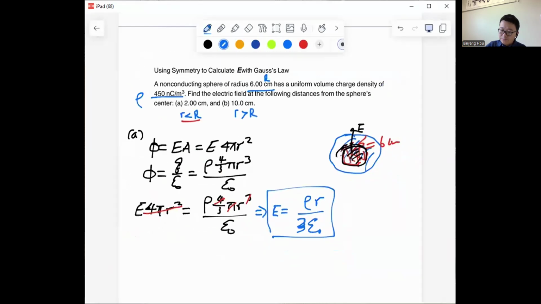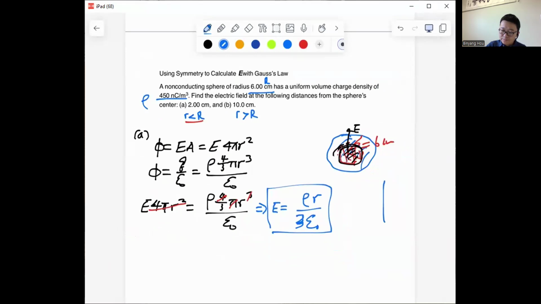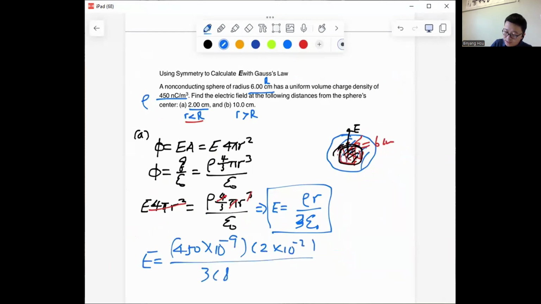Now we can plug in the numbers here. So r is equal to 2 centimeters. Then we can say the E field E is equal to 450 times 10 to the minus 9 times r, in this case 2 times 10 to the minus 2, over 3 times 8.85 times 10 to the minus 12.